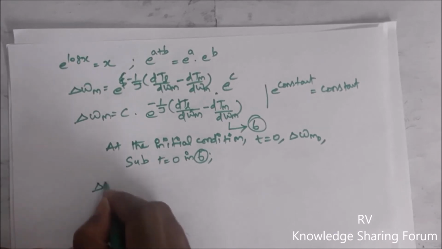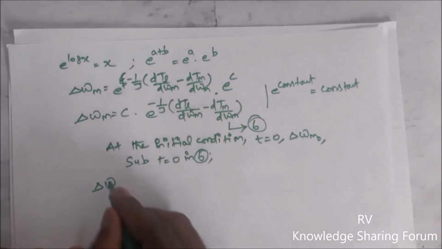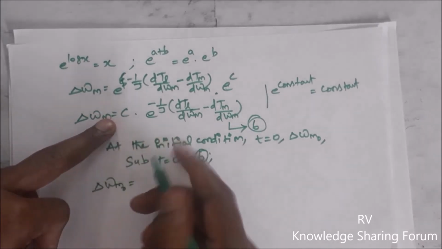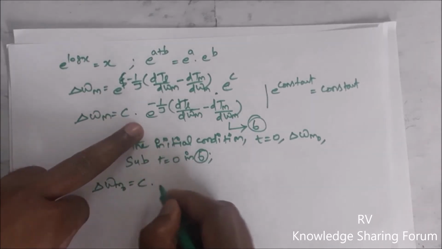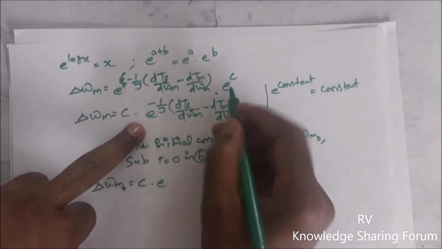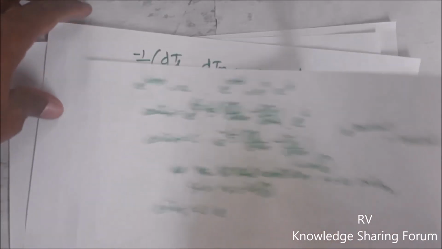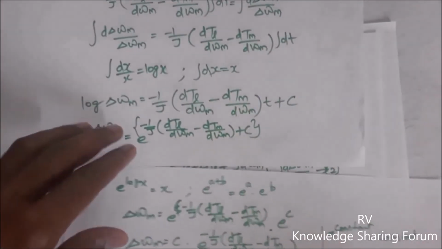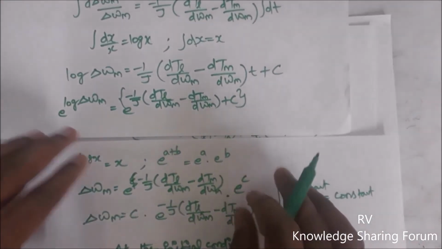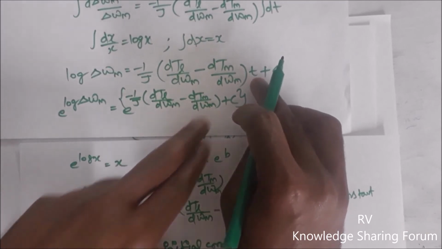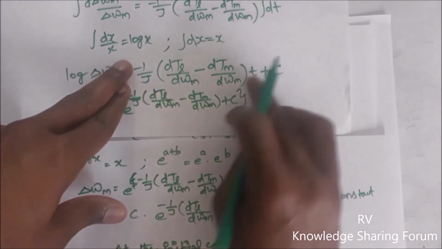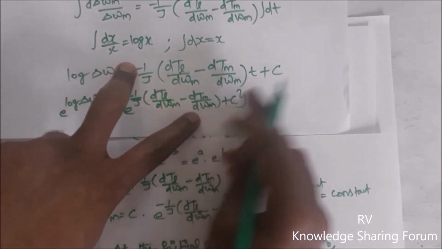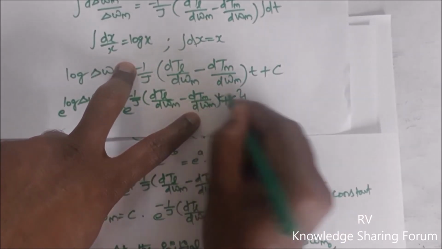So your delta omega m becomes delta omega m naught, which is equal to c into e to the power of, oh sorry, here we have to carry one term called t which we have missed. Here there is a term t: minus 1 by j dtl by d omega m minus dtm by d omega m into t plus c.